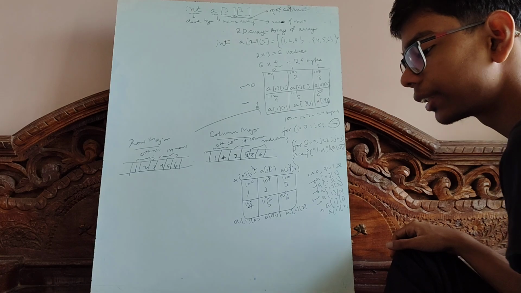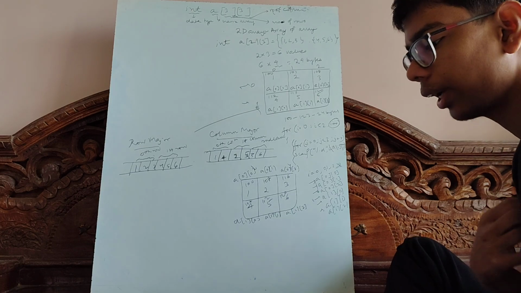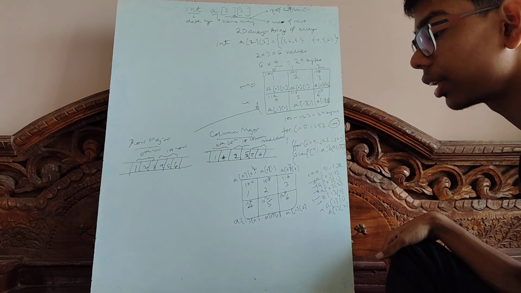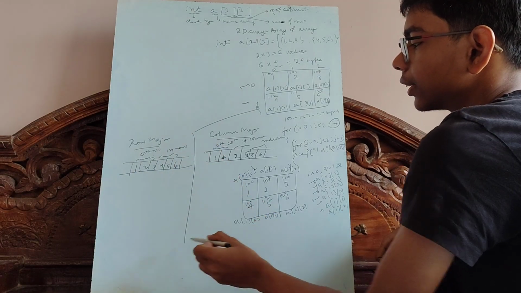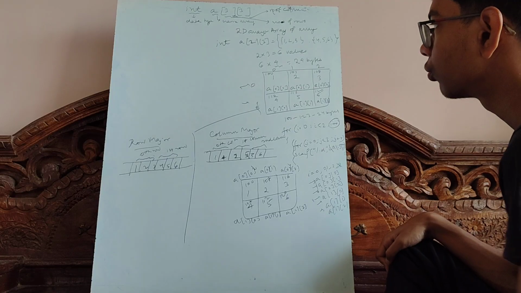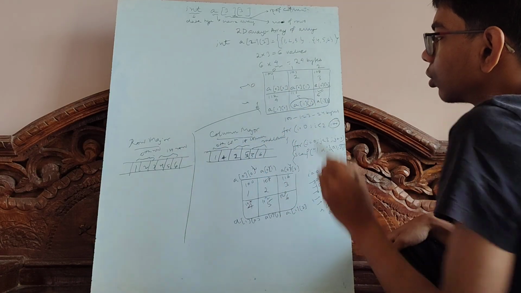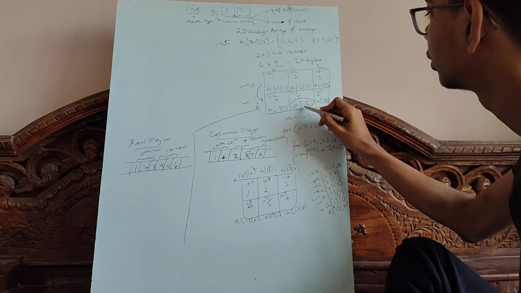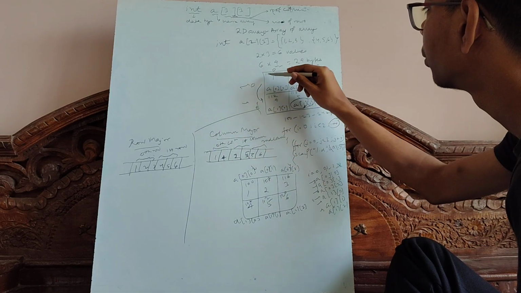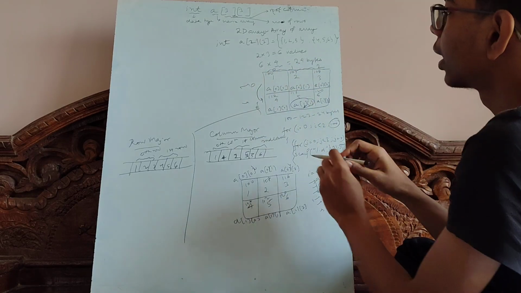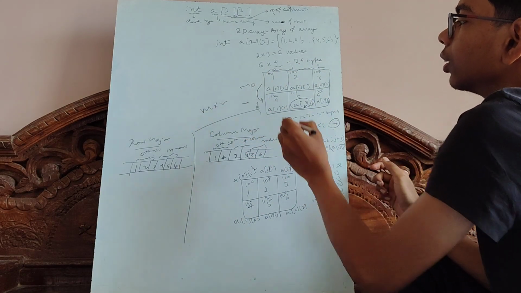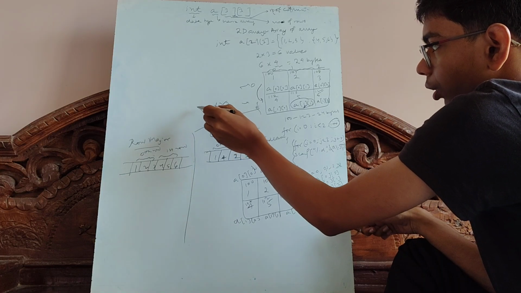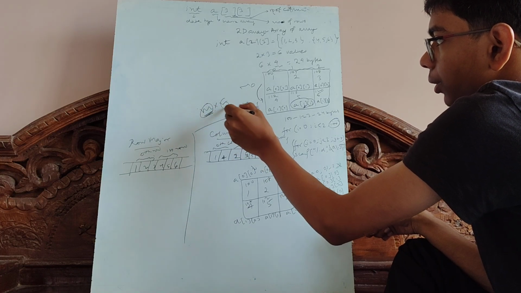Now, how to access the location of any element? Suppose in row major implementation, I have to access the location of A of 1 1. So what I have to do? I have to cross one row, right? Suppose I have a matrix of M cross N, right? Number of elements in a column, number of elements in a row.